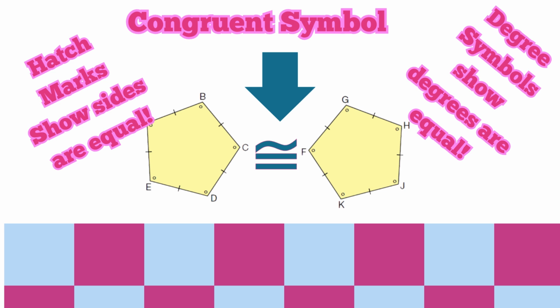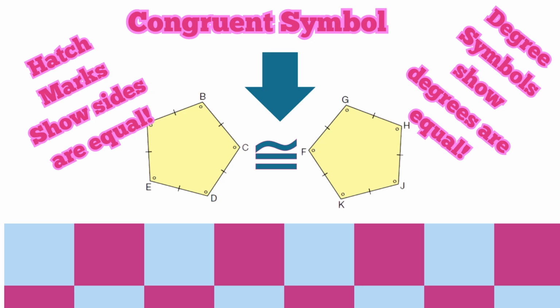Now, looking at these shapes a little bit closer with some additional marks, I want to let you know that when we draw congruent shapes, we often use special markings to show which parts are equal. Hatch marks, these small lines on the sides, show that these sides are equal in length.